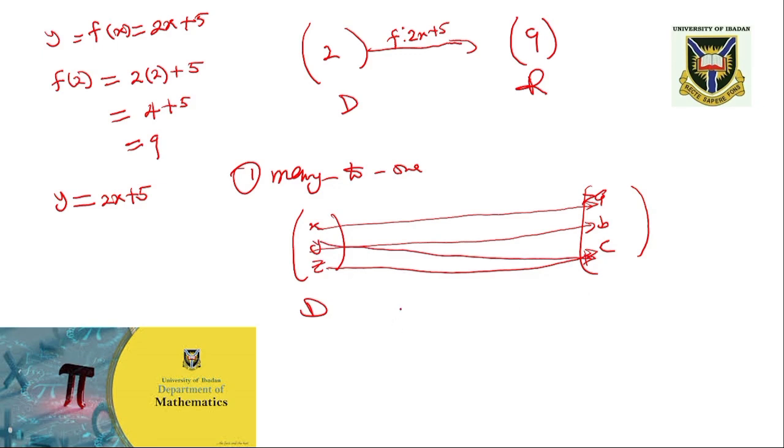So that is a many to one function. If at least we have such a case, then we say that this kind of function is a many to one function. Then we can also have what we call the one-to-one function.